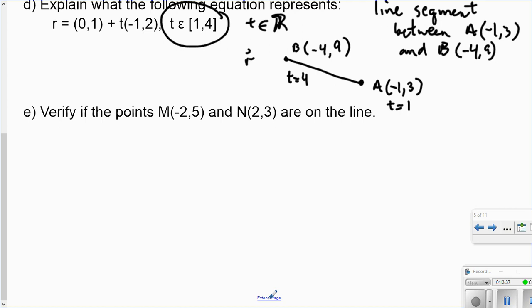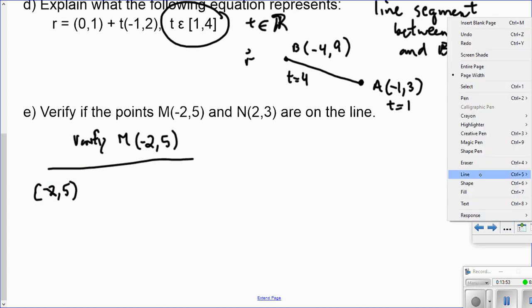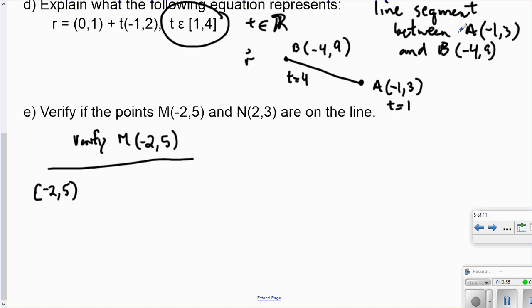Okay, so sometimes points are either on the line or sometimes they're not. So let's verify M, (-2, 5). All I do here is put the point (-2, 5) into my equation, (0, 1) plus t times (-1, 2).